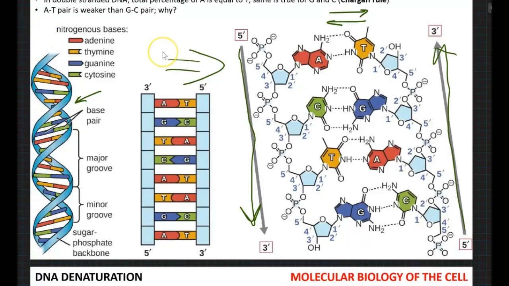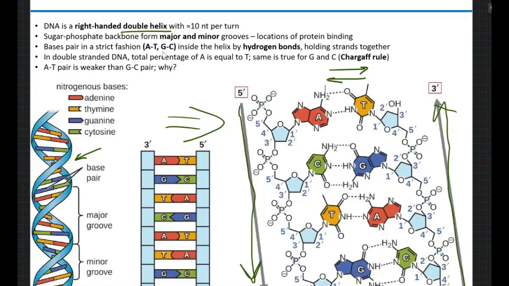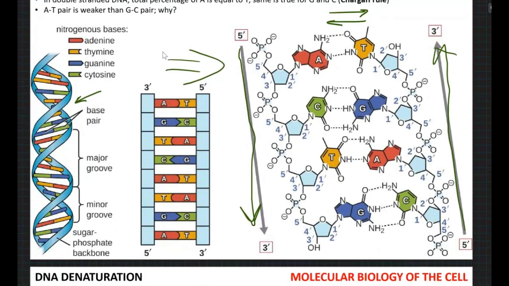Okay? So, a few super important things about the DNA. Probably the most important thing about DNA is that the bases that are parts of individual nucleotides can form pairs. And they pair in the same fashion all the time.